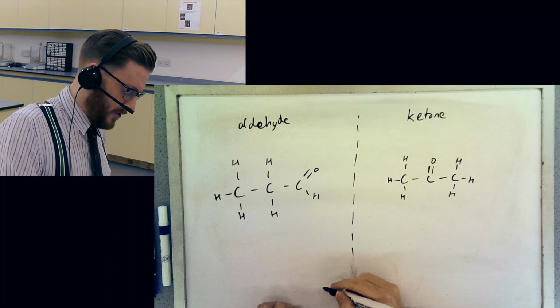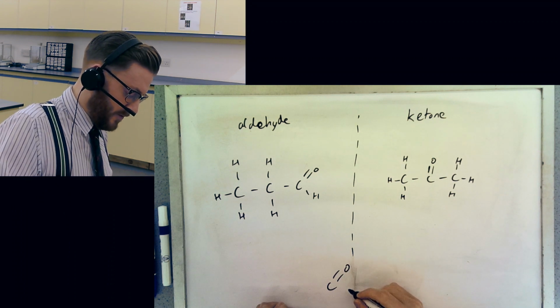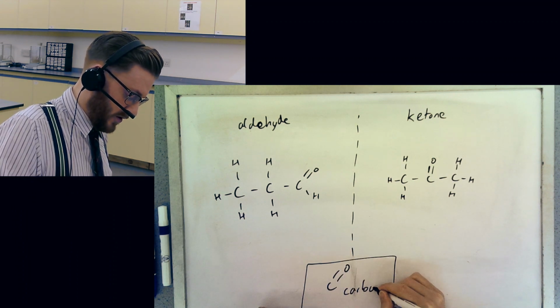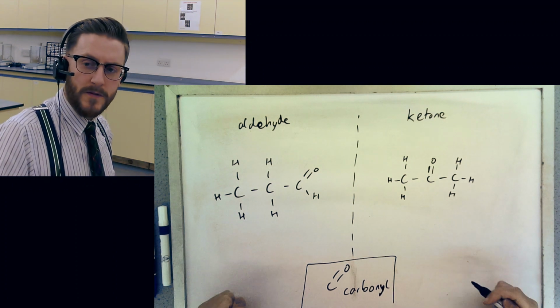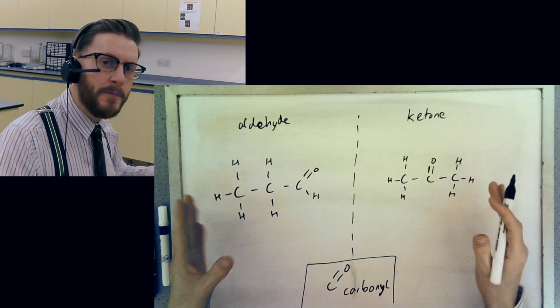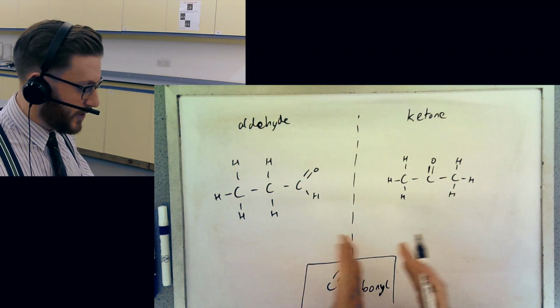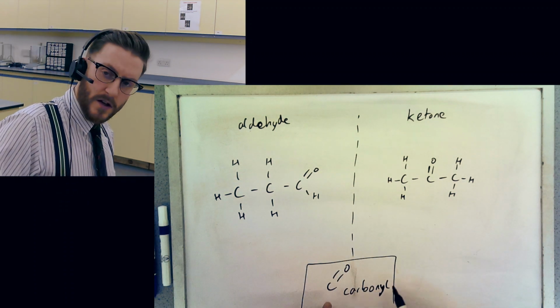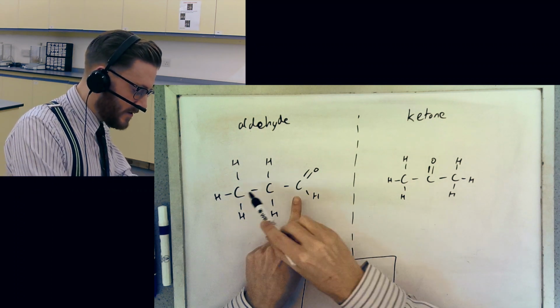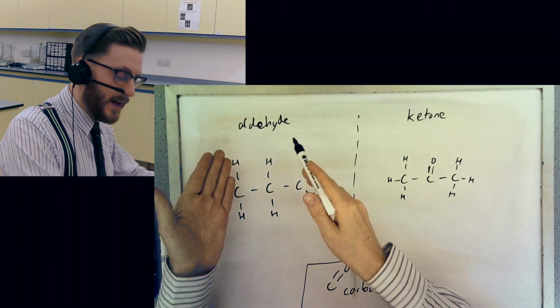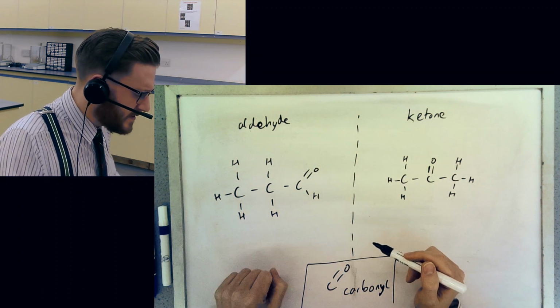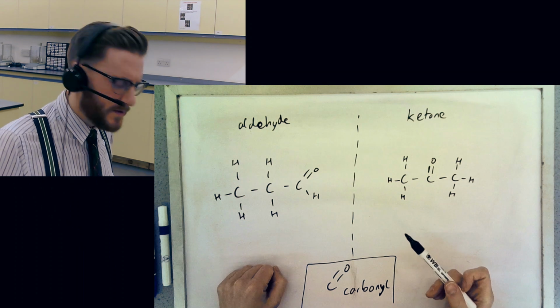Remember, our carbonyl, C double bond O, is the functional group linked between the two of them, but its position means I have one or the other. If my carbonyl is on one of the end carbons of the molecule, then it's an aldehyde. I call these end carbons terminal carbons.